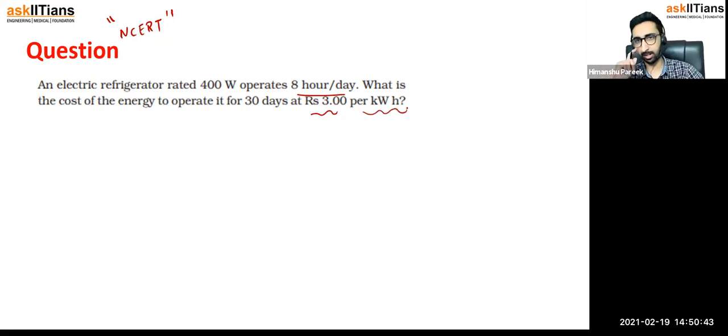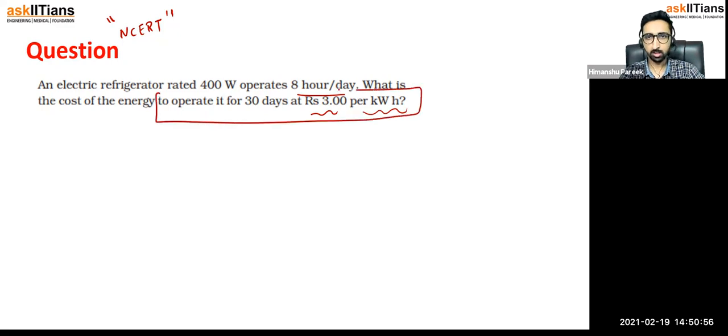I'll explain what per kWh is, but before that, let us find out how much energy it will be consuming. Forget about this line for now. I'll be using it later on. For now, let us just calculate: we have an electric refrigerator which is used 8 hours per day, and 400 watt is its power. What is the cost of energy required? That's the question. All right.